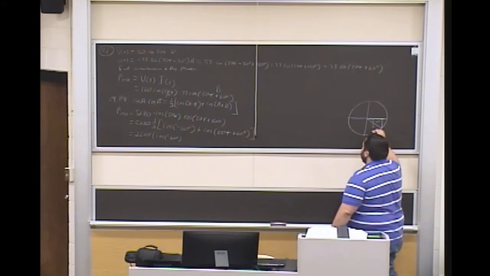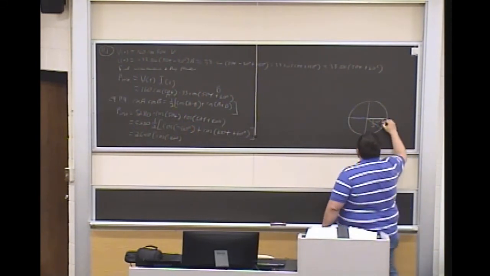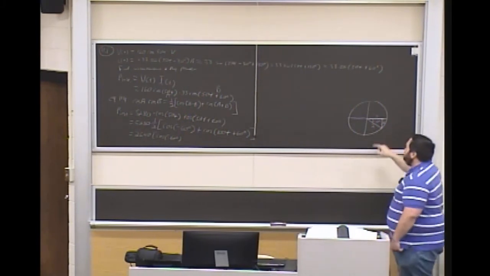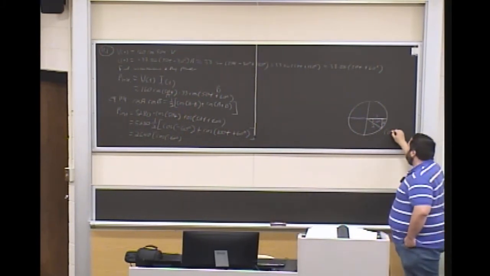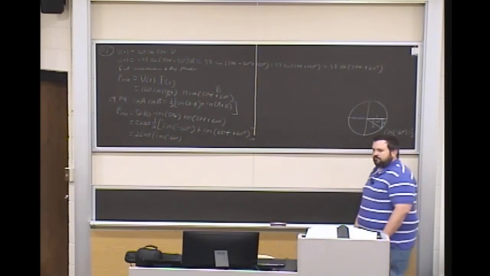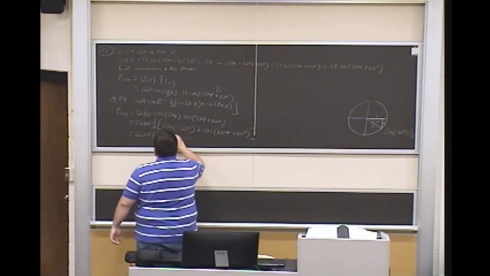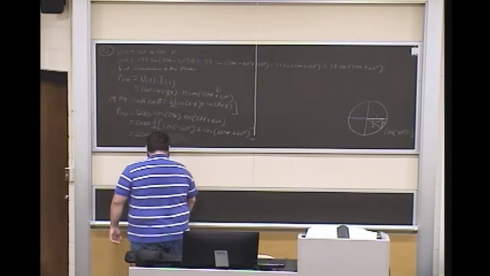If we make this a 2-unit circle, remember, this is going to be our square root of 3 side, and this is going to be our 1 side. So cosine of negative 60 degrees is just 1/2. Everybody good with that?